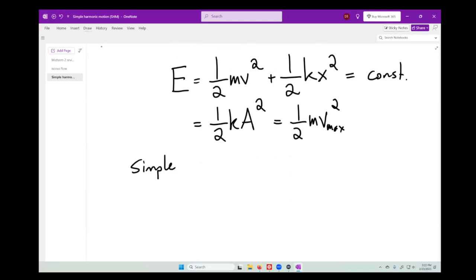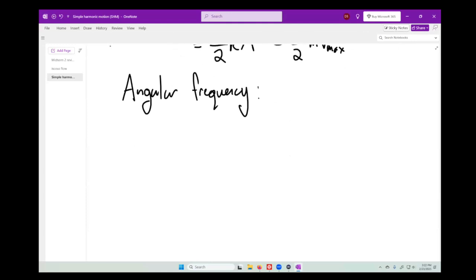Another thing we talked about: how do we determine what the angular frequency of the motion is? Well, we write down an equation that looks like this.